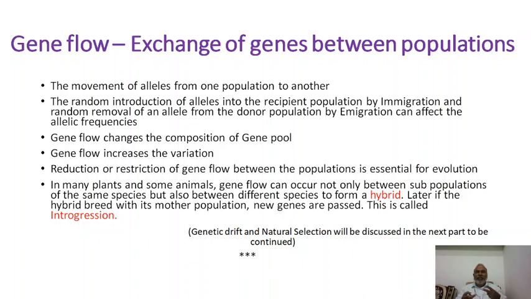Gene flow will change the composition of the gene pool, or gene flow will increase the variation of the two populations. The random introduction of alleles into the recipient population by immigration and the random removal of an allele from the donor population by emigration can affect the allelic frequencies in both populations.